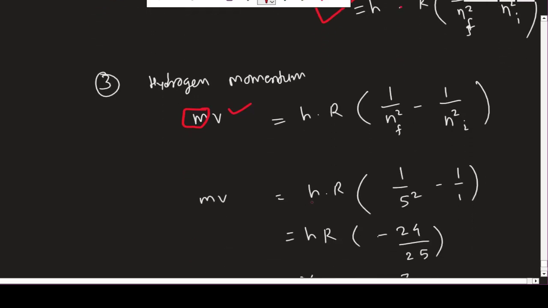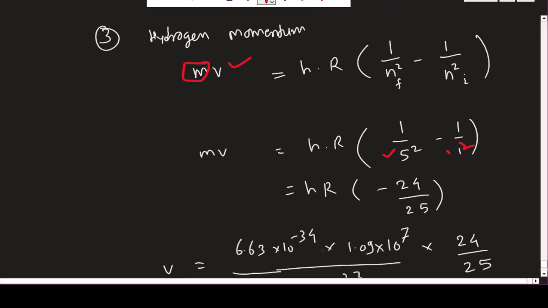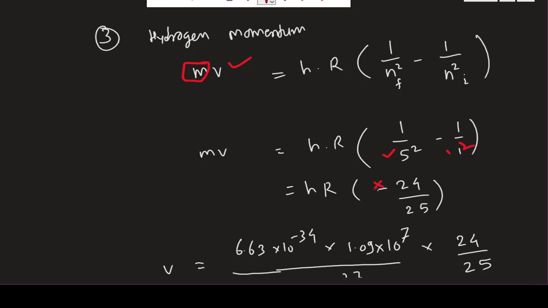Then mv will be equal to h into R into 1 upon 5 square, because the hydrogen is coming from the energy state 5 to 1. That's why we have put 5 here, and here 1 square, which will be 1. So which comes out to be hR into 24 upon 25. You can ignore this particular sign because we have to just calculate the speed.